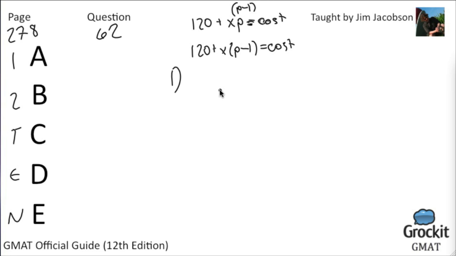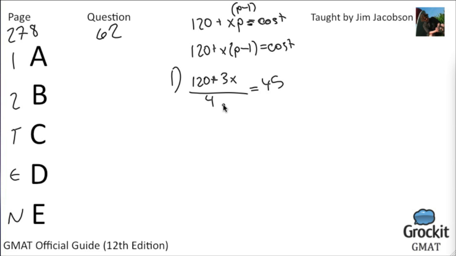Let's take a look at those statements. Statement 1, the daily cost per person for 4 people sharing the cost of a room equally is $45. Cost for 4 people is, using our formula, 120 plus number of people minus 1, which would be 3, times that rate of extra persons, divided by 4 for 4 people, that equals 45.